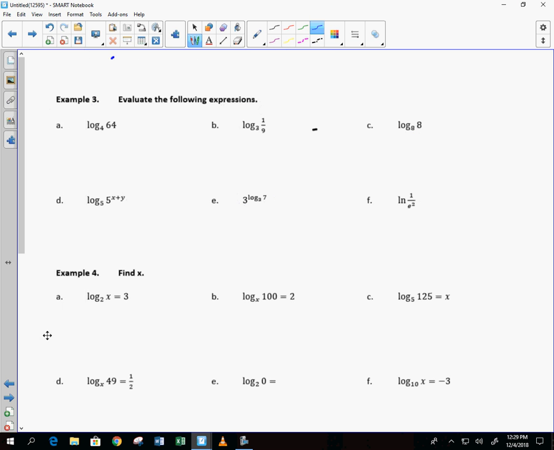We can evaluate basic logarithmic expressions. Log base 4 of 64, that means 4 to what power is equal to 64? 4 to what power is 64? 3.